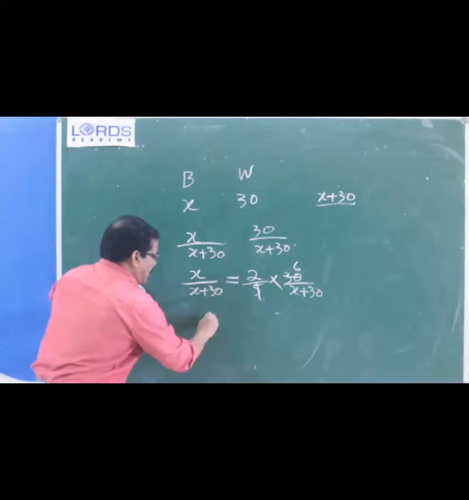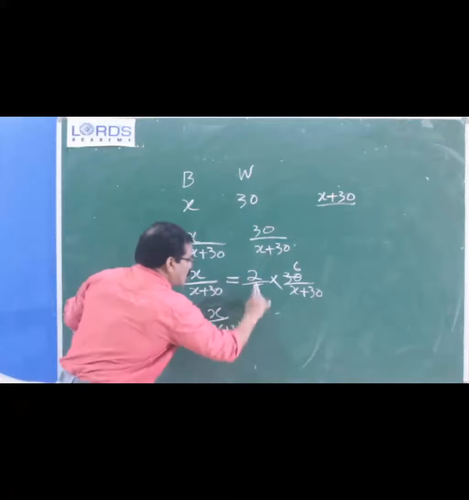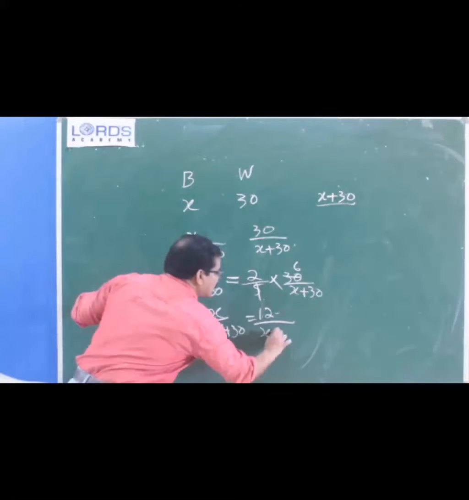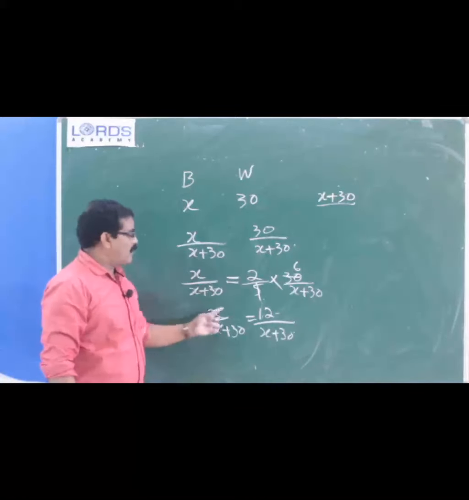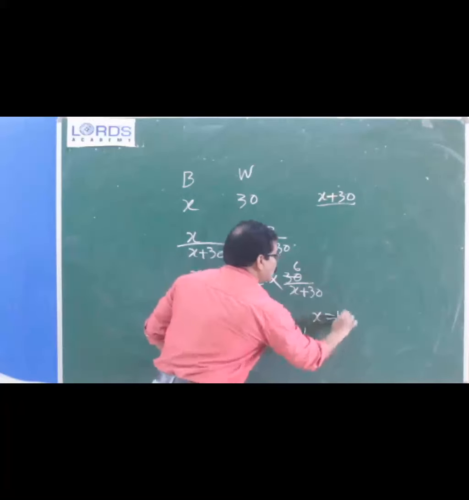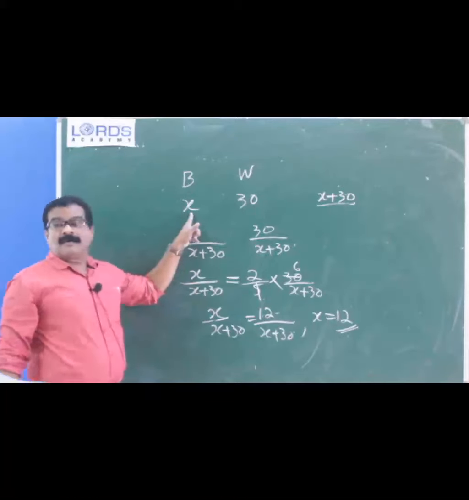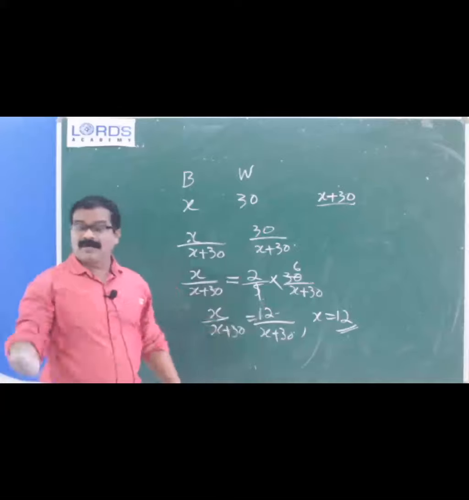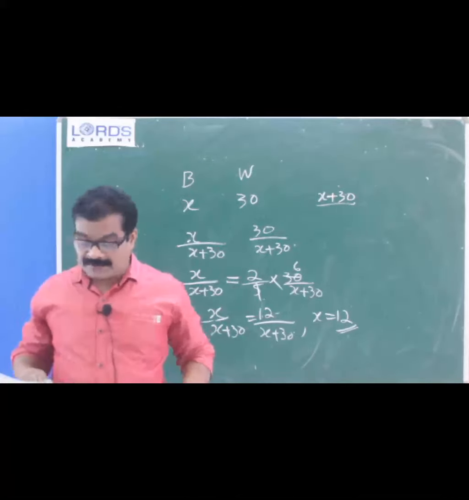Then X by X plus 30 is equal to 2 into 6, 12, 12 by X plus 30. On each side the denominator is the same, therefore the numerator will be the same. Therefore X is equal to 12. Therefore the number of black balls is 12. It's already done in your textbook, you can take that one.